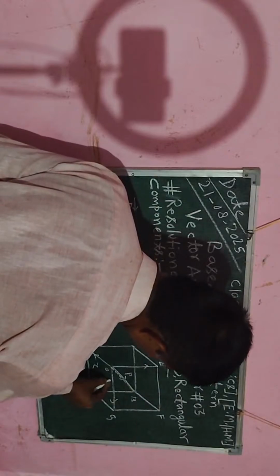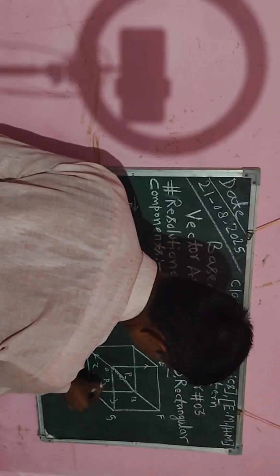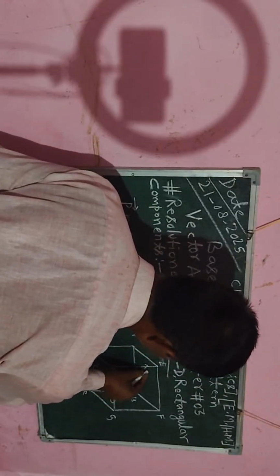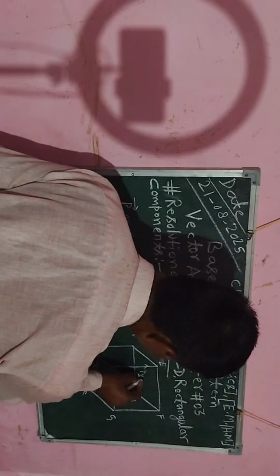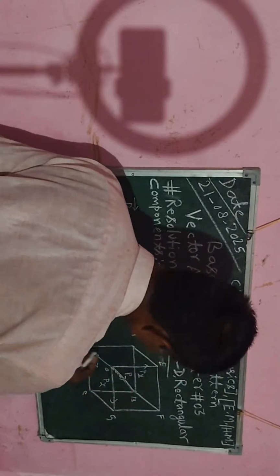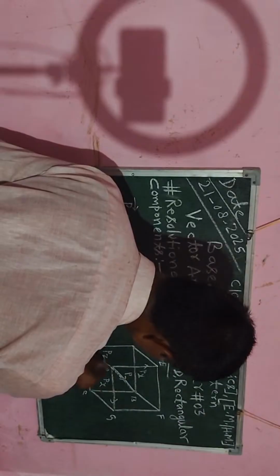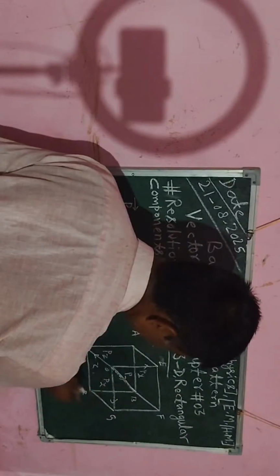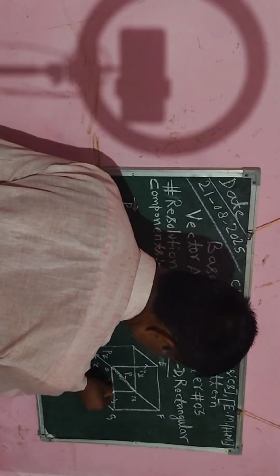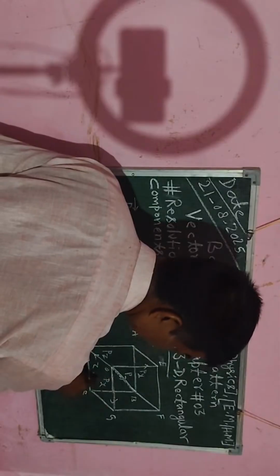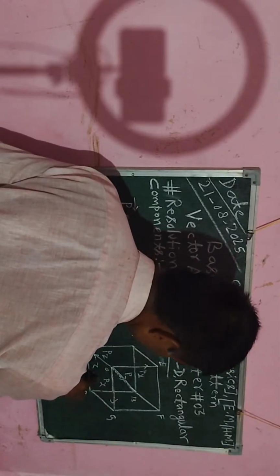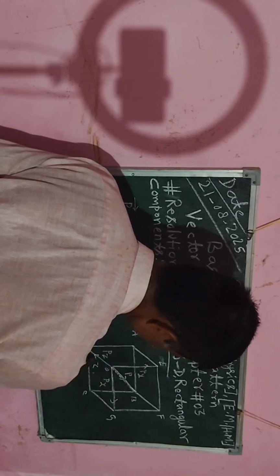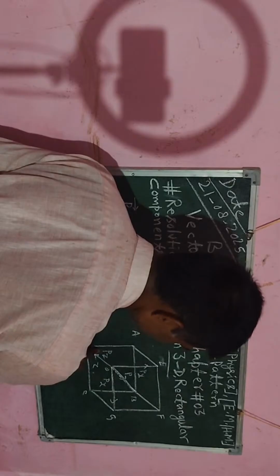Okay, so I will say this is the vector. So this length will be px, and similarly this vector is along y, so I will say this vector will be py. This is the y component, and this will be the pz component. Because this is a vector P, I have to write the coefficient of the vector i, and also the coefficient of the vector j, and then the coefficient of the vector k.